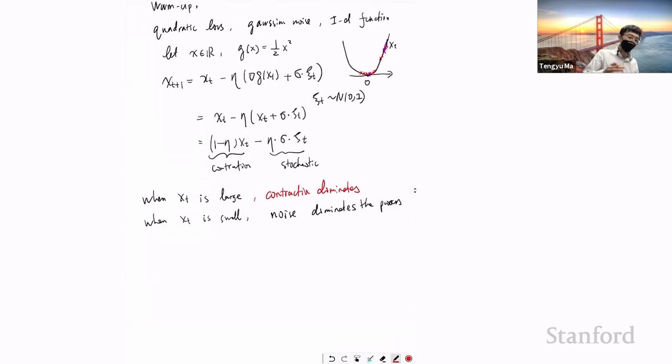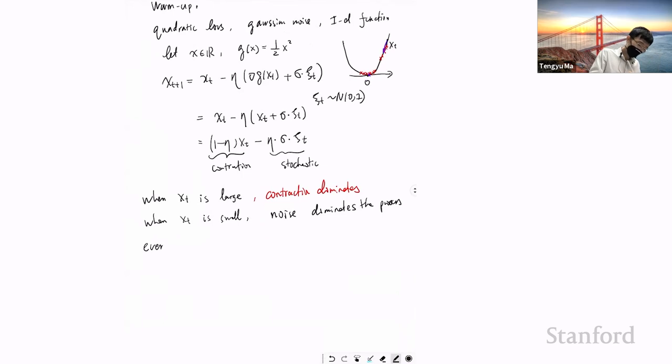So eventually you are going to converge to this second case to some extent. Because if xt is large, then you are moving towards 0, and eventually xt becomes somewhat small, and noise is governing the whole process.